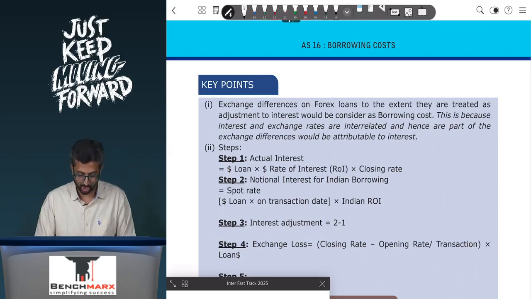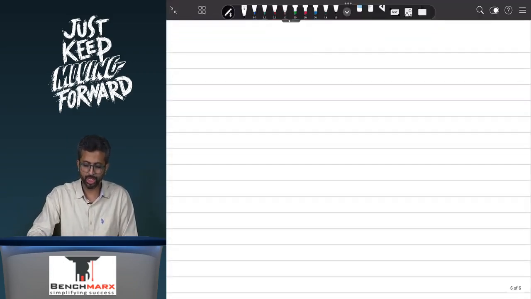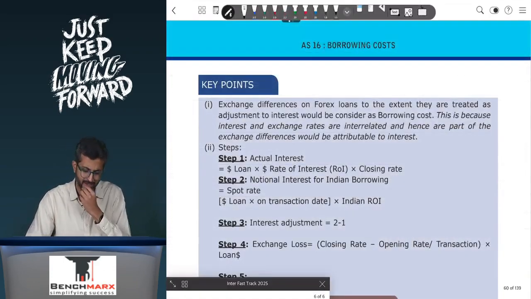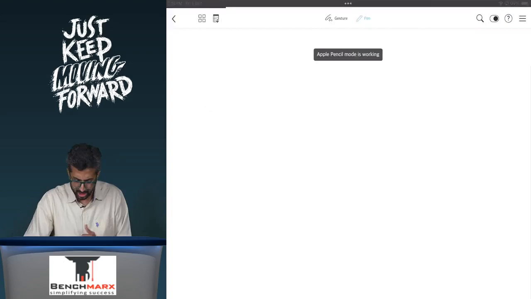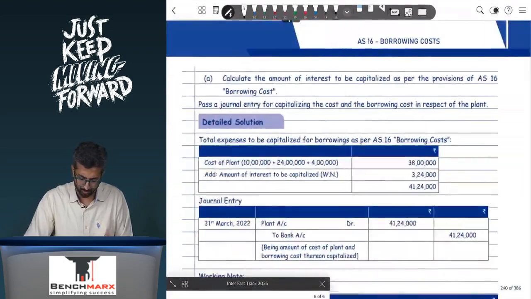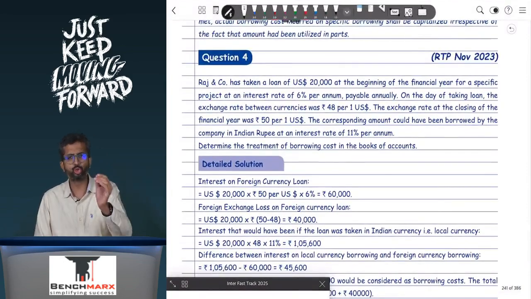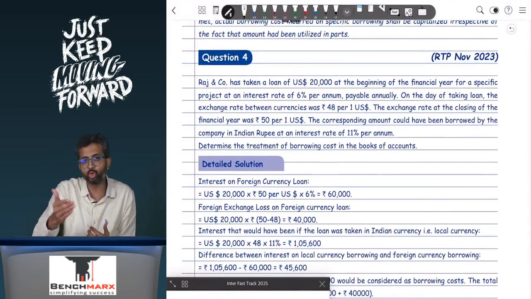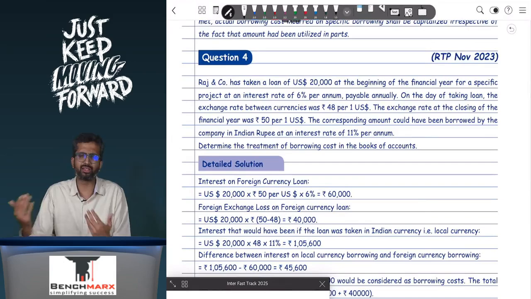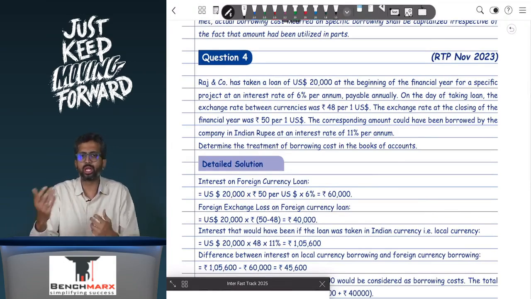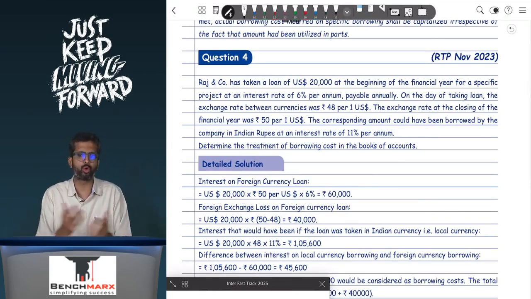Now what happens generally is, for example, when I look at a case, we'll take an example over here from the homework section as a base, and we can use that as an example. So usually when you take a loan in the US or in, let us say, Japan, the loans are available at a slightly cheaper rate, and hence if I were to take a loan in the US, it may cost me 4%.